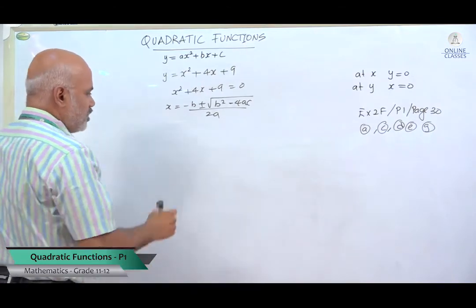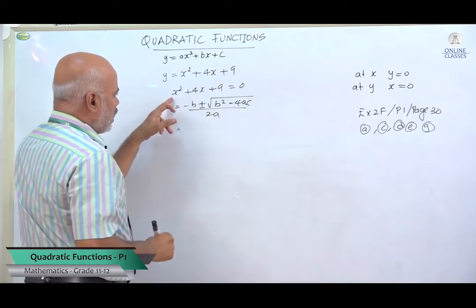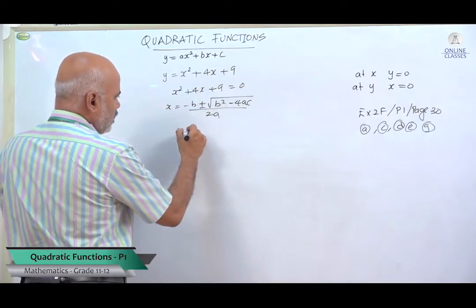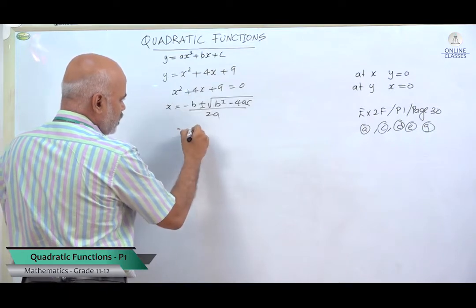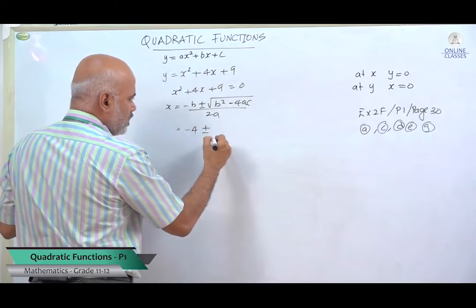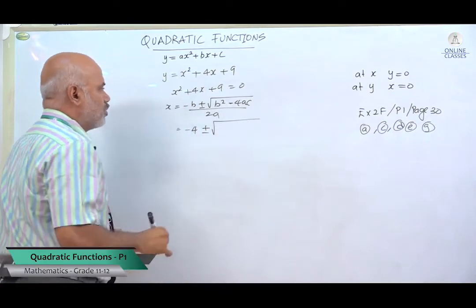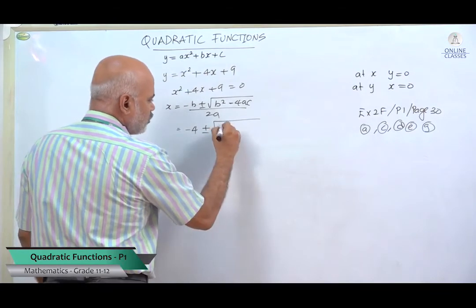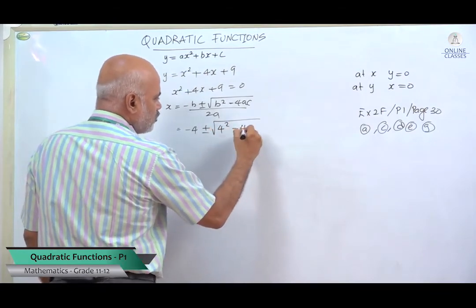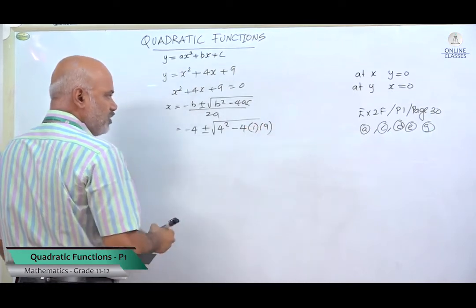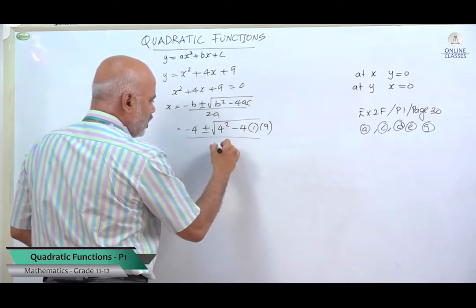Here a is 1, b is 4, c is 9. So it is minus b plus or minus square root of b square, 4 square, minus 4 times a value 1, c value 9, divided by 2 into 1.